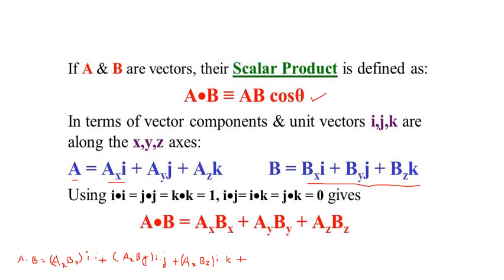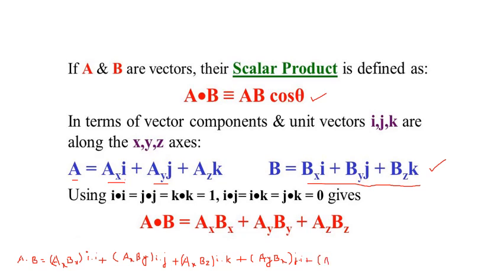AY. Now we are going to multiply AY J with the terms BX I plus BY J plus BZ K. Let me write here AY into BX. What is the unit vector? J dot I. Everything is a dot product, so don't forget to put a dot in between. What is the next component?